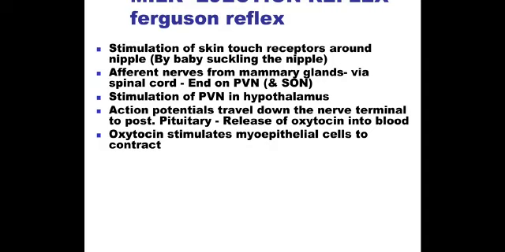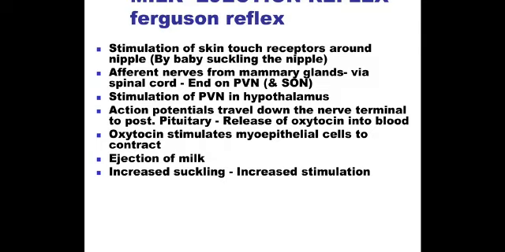Oxytocin mainly stimulates the myoepithelial cells around the lobules of the breast. We have seen that myoepithelial cells are present even in the extralobular apparatus, and whenever oxytocin stimulates the myoepithelial cells, it results in ejection of milk, and it's a positive feedback mechanism.